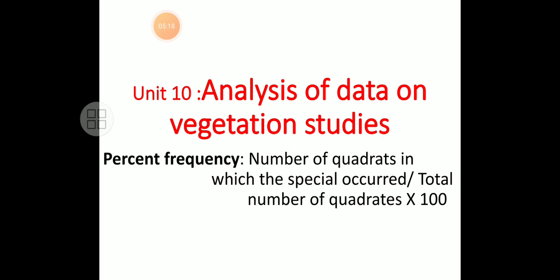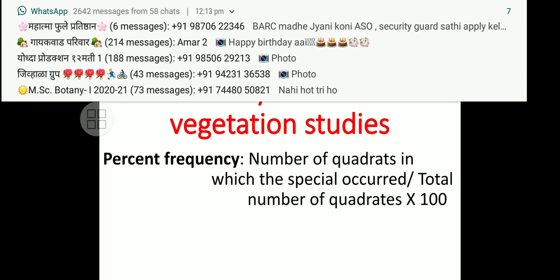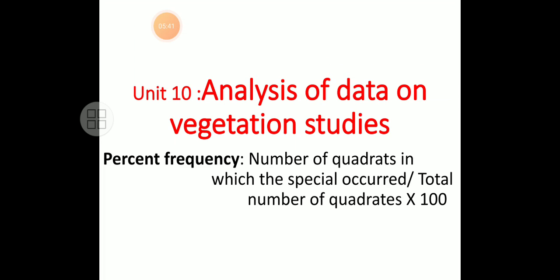The quadrat method gives us an idea about the kinds of plants in a particular habitat and the number of plant species. Transects and quadrats are two ecological tools that allow us to quantify the relative abundance of organisms in an area.